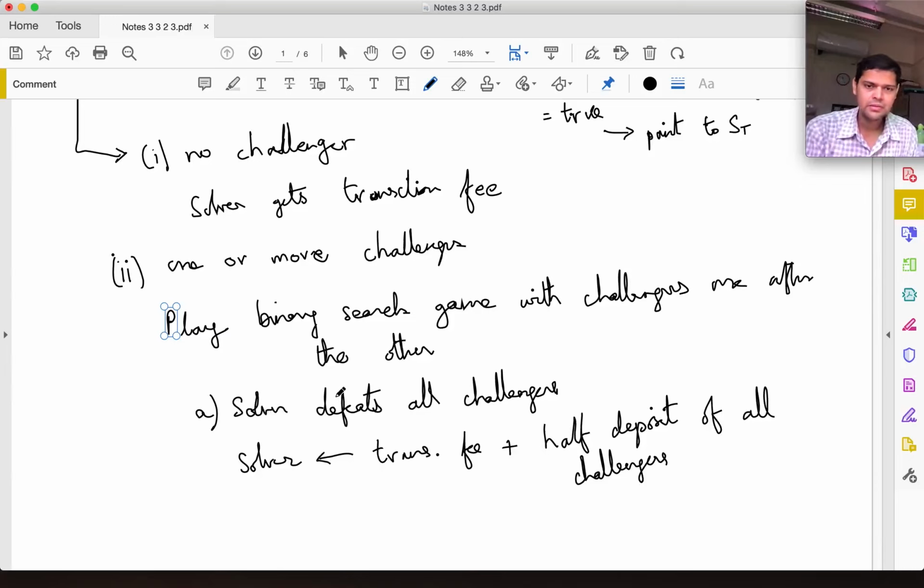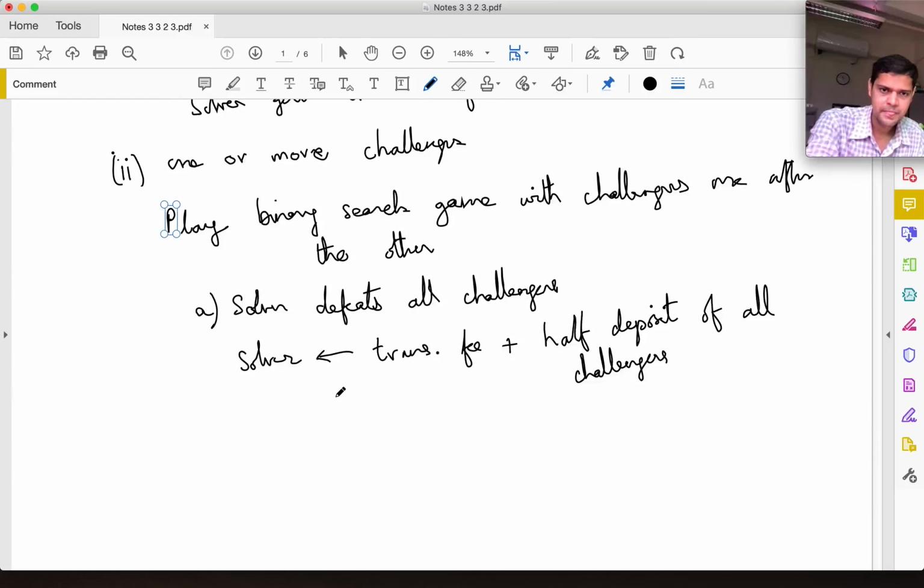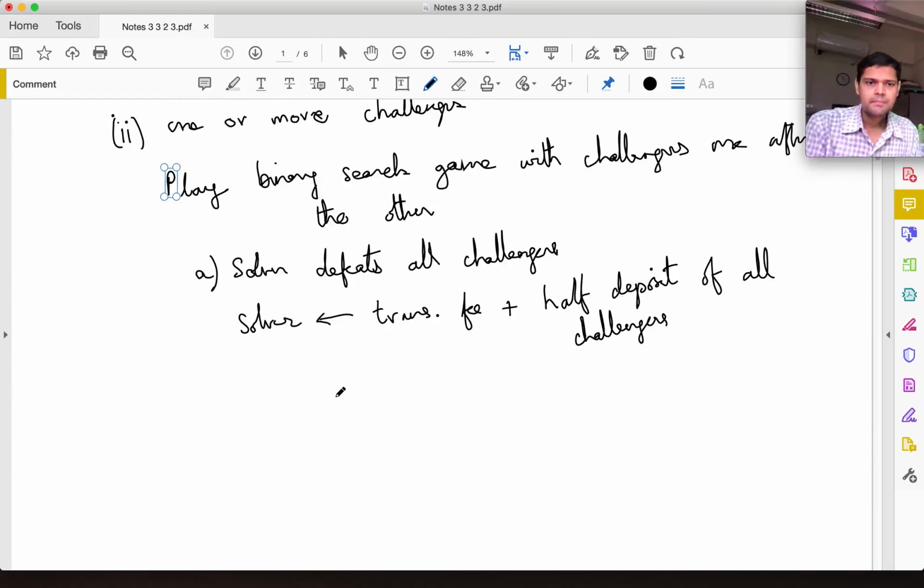That could happen, but it would take up a lot of transaction space on the blockchain, because we are using the blockchain as a whiteboard in which they have to compete with each other. What about the other case where some challenger defeats the solver?